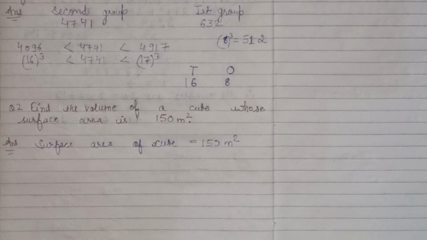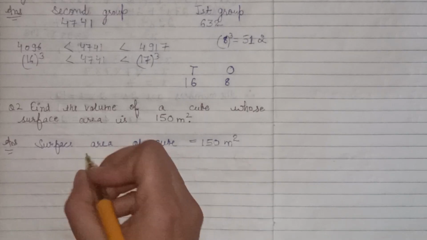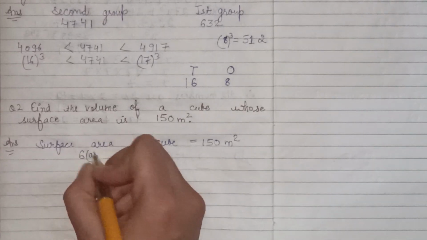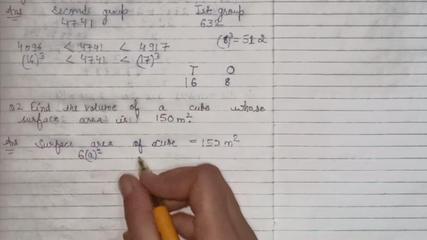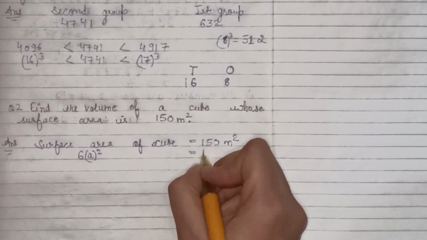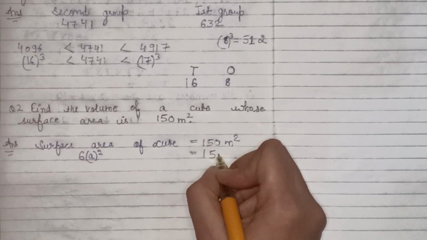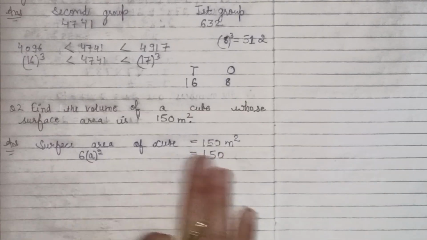Here a represents the side of the cube. The cube has 6 faces. So 6a square is equal to 150 meter square.